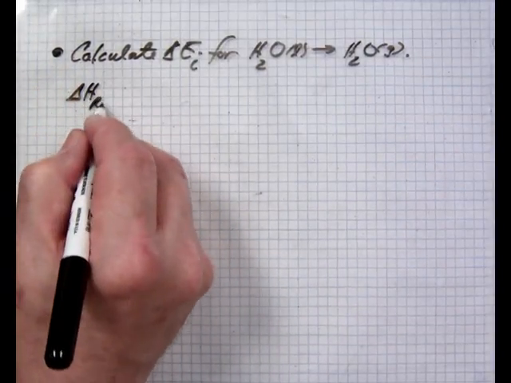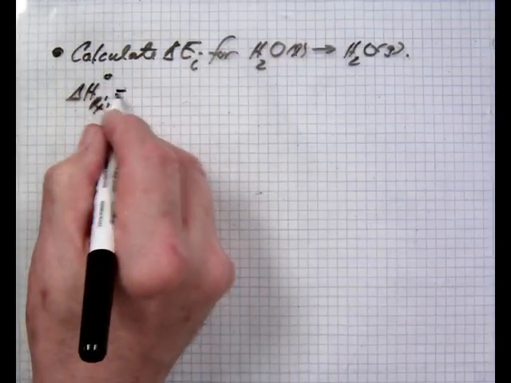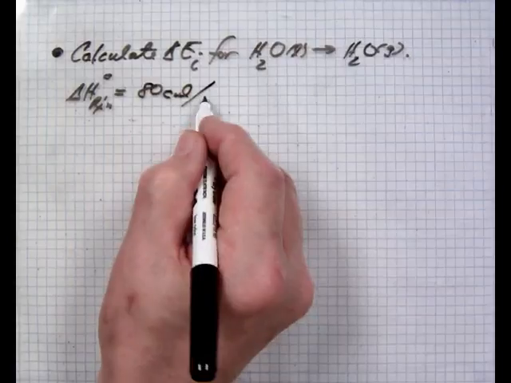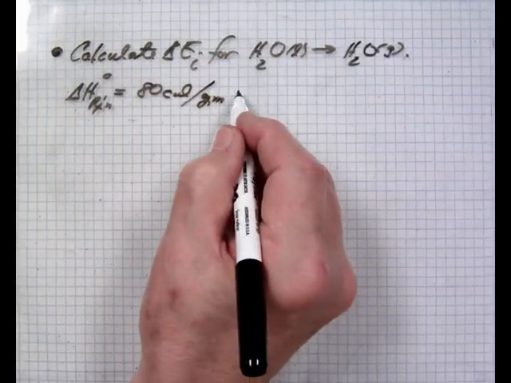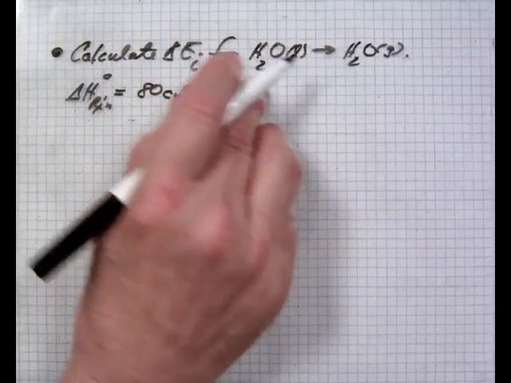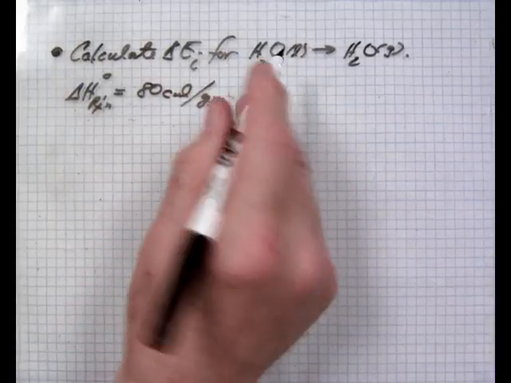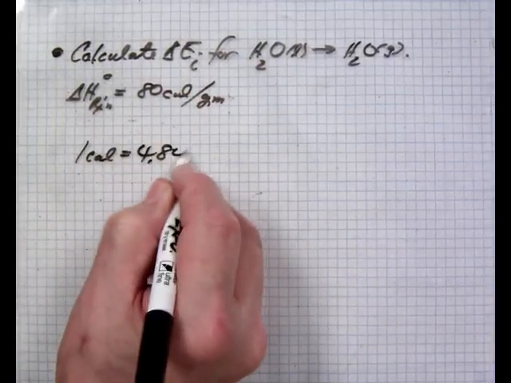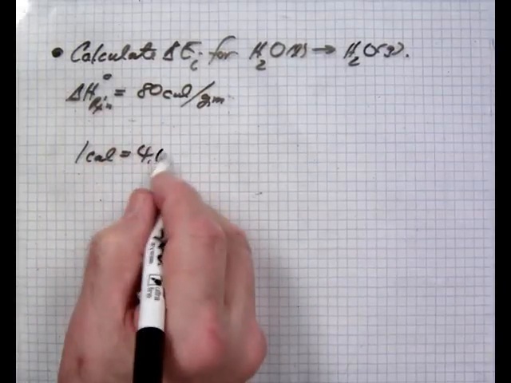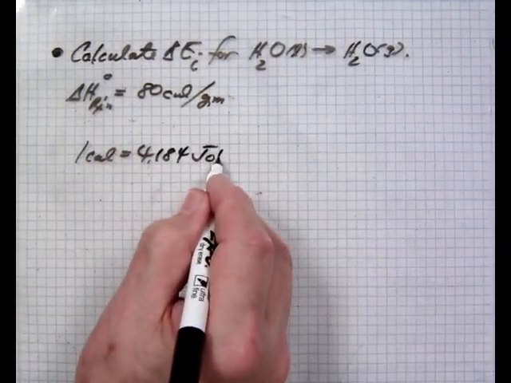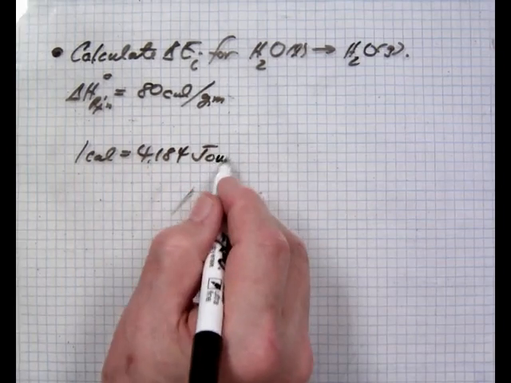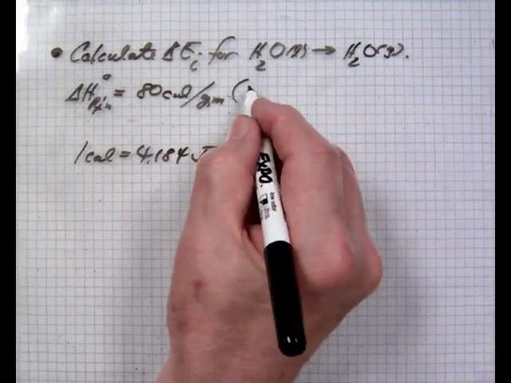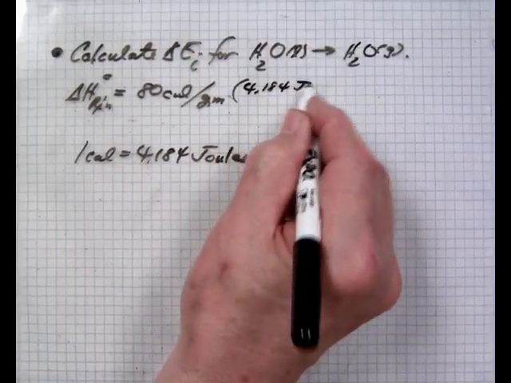Delta H of the reaction is equal to 80 calories per gram, which is equal to, depends on how you want to do it. Let me give you this: 1 calorie equals 4.184 joules. So we can multiply that by 4.184 joules per calorie.